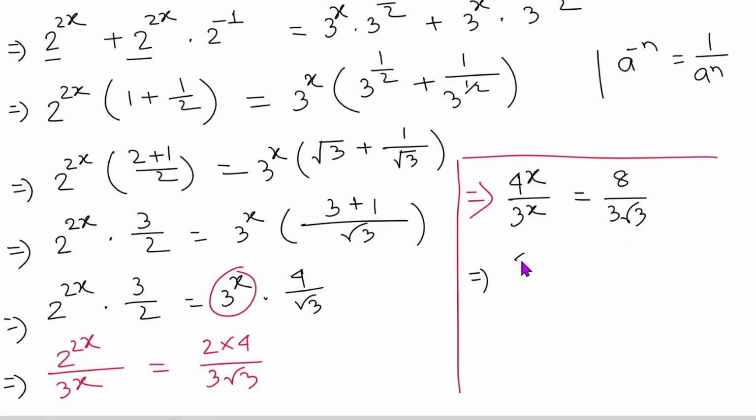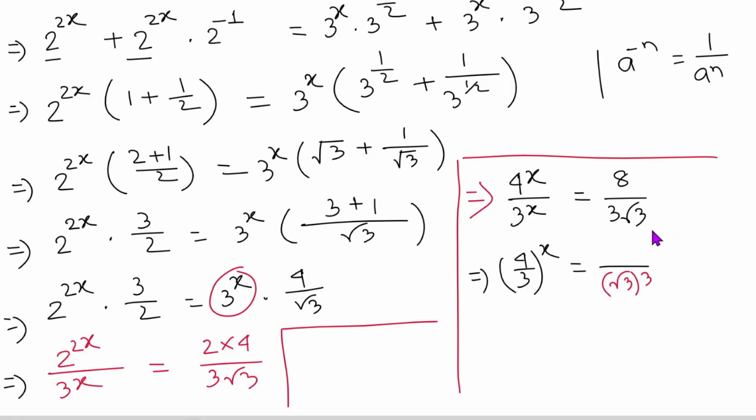Now this one, 4 by 3 to the power x we can write, but here we also need a similar thing. How? Look, this 8 we need some justification, like we have to make 3 root 3, it means root 3 cube, and we also need 4 cube.